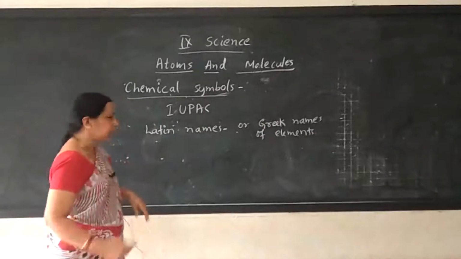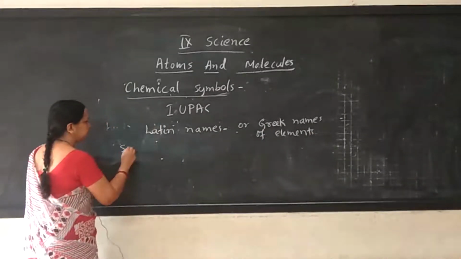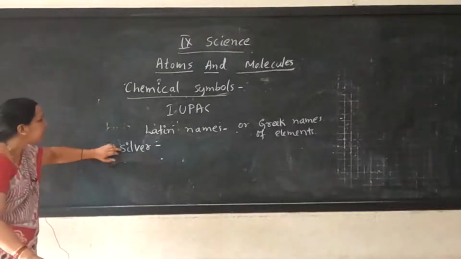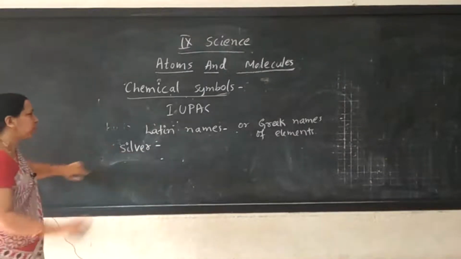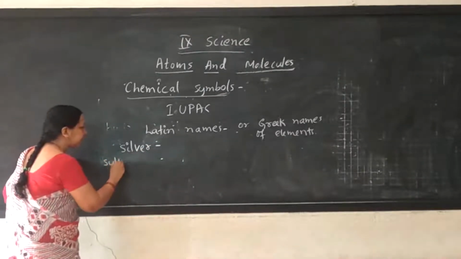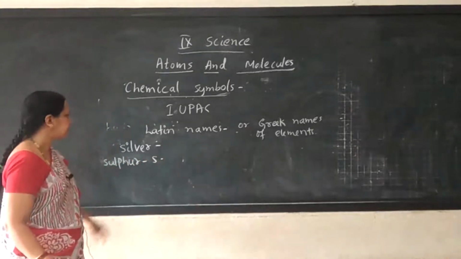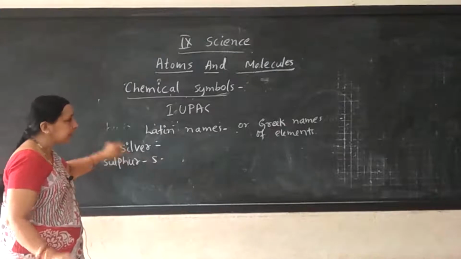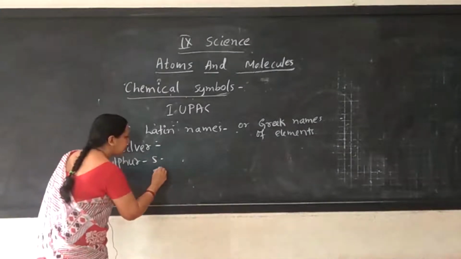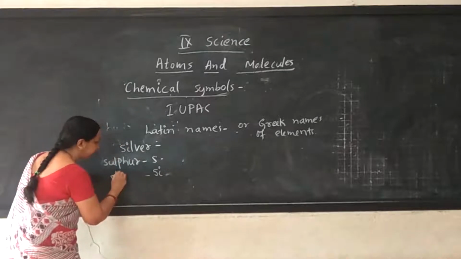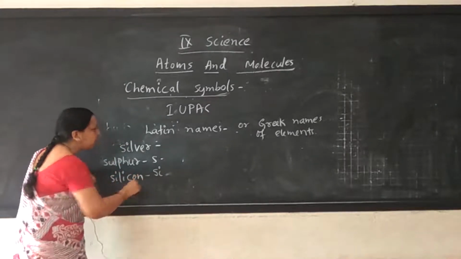For example, silver. Here we cannot write S as the symbol because sulfur has the S symbol. So Si also we cannot use because Si is the symbol of silicon. Then what to do?